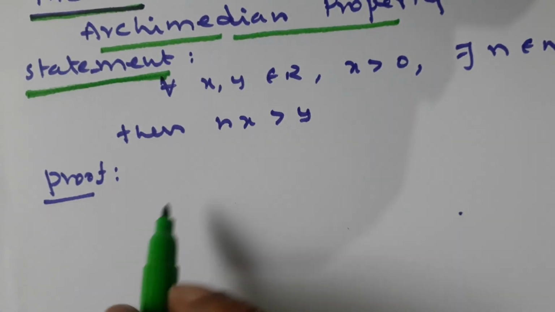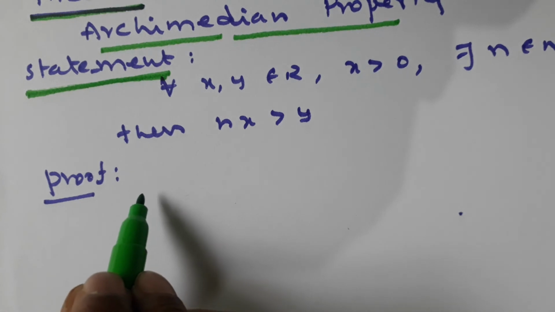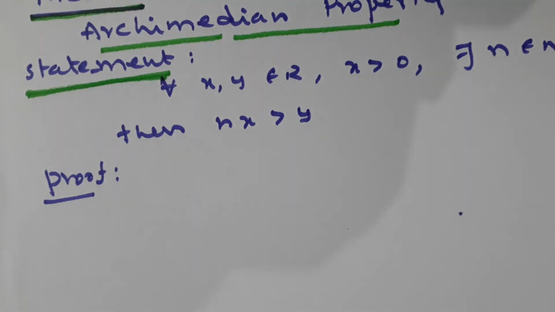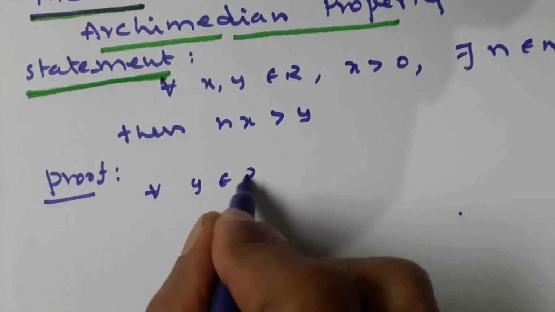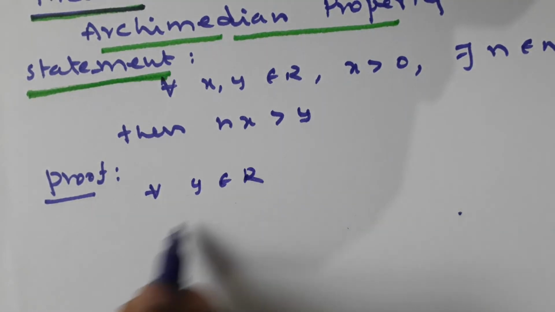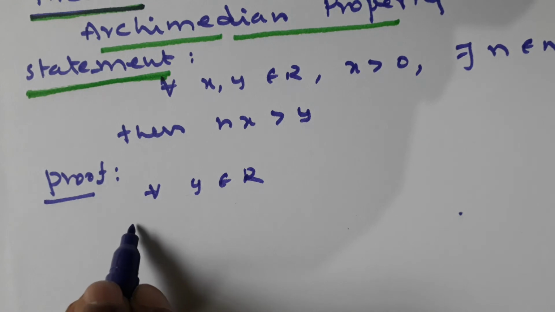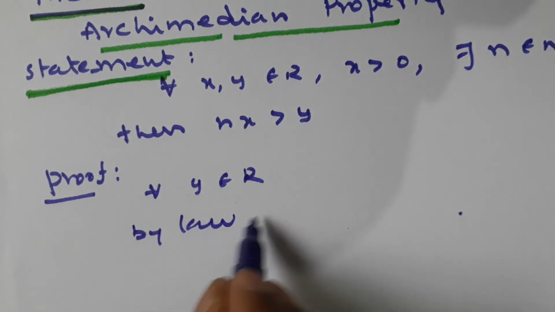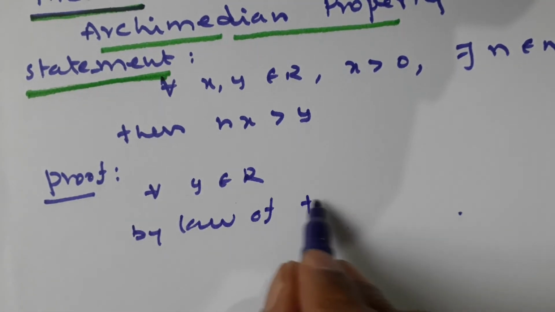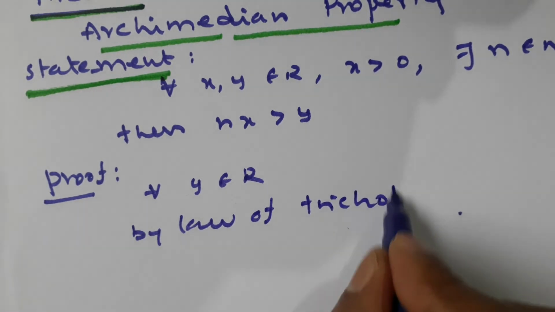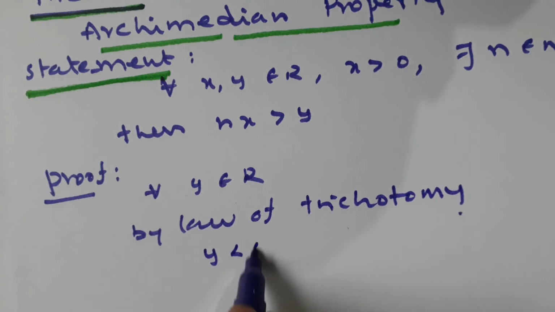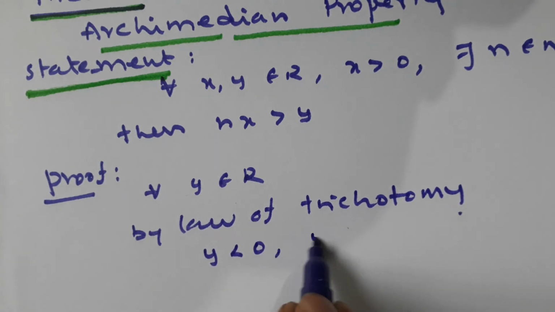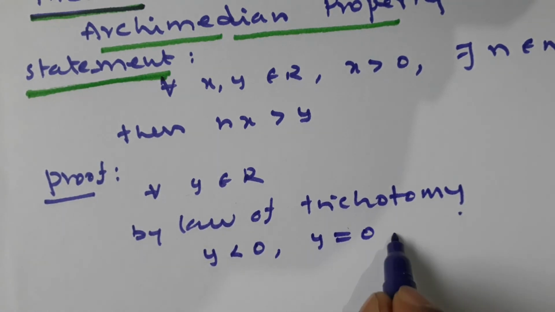So see the proof. For all y belongs to R, by the law of trichotomy, y must be less than 0, or y is equal to 0, or y greater than 0.